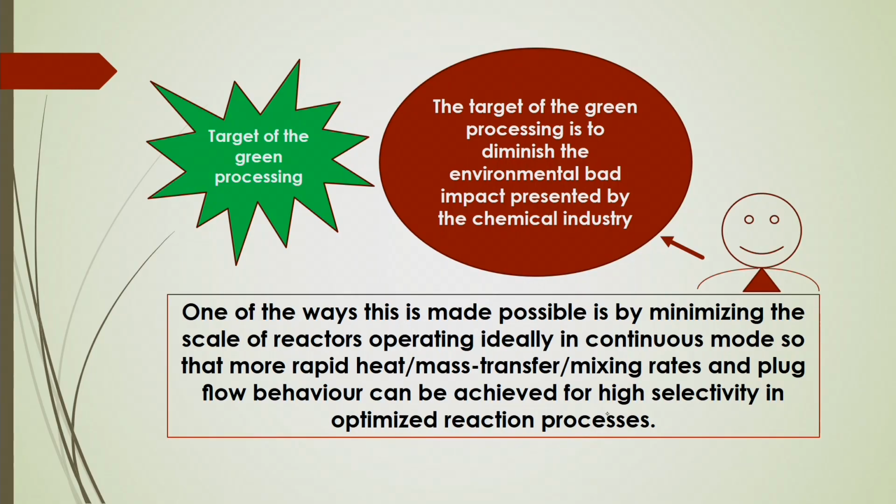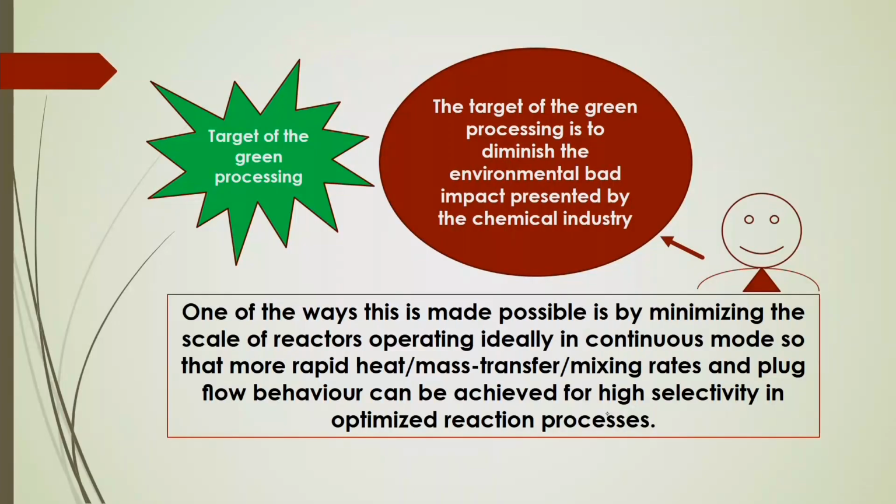So, the target of green processing includes minimizing the scale, minimizing the back mixing in the operating system, or making a plug flow system where you can get products with high selectivity in an optimized reaction process in continuous mode.